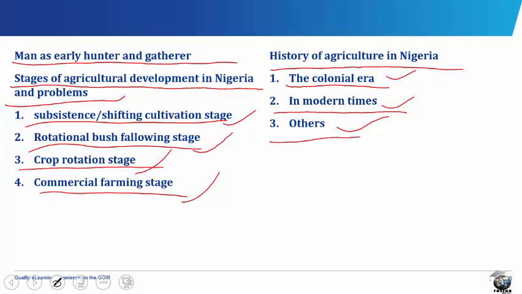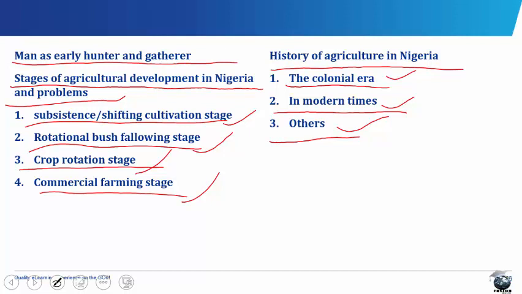Other developments include the mechanization of agriculture through the use of machines, tractors, etc., the establishment of plantations to raise commercial export crops, establishment of farm settlement schemes to resettle youths and school leavers in agriculture, the establishment of river basin development authorities and rural development programs.